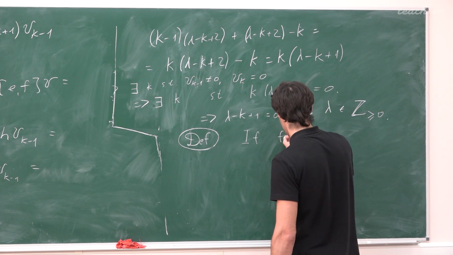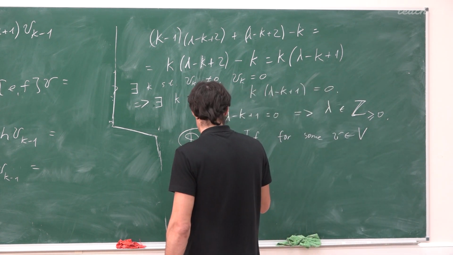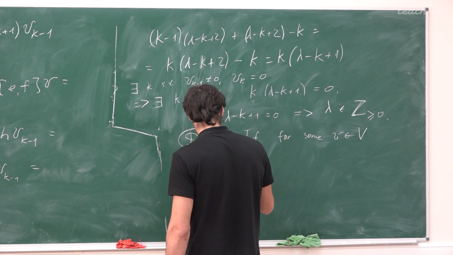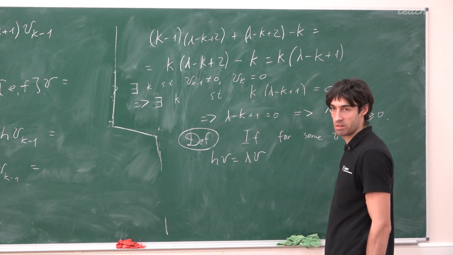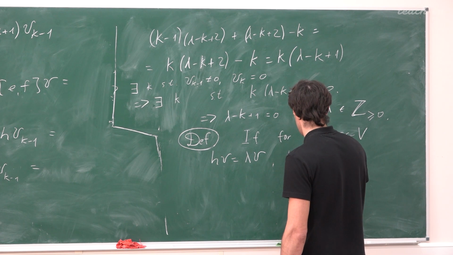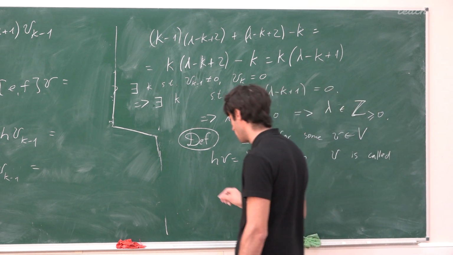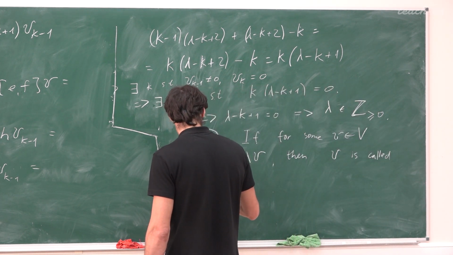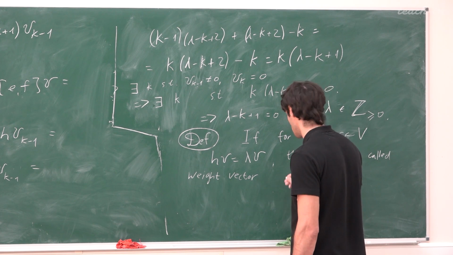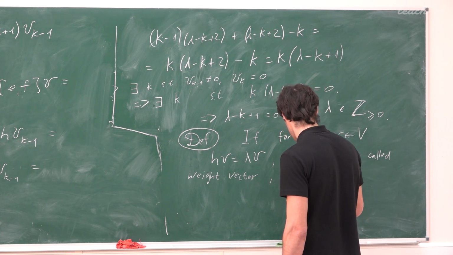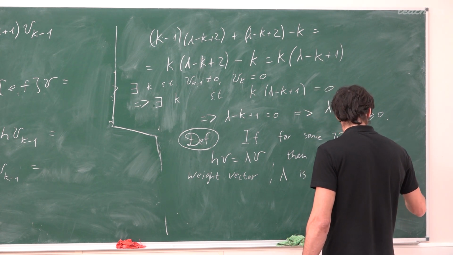If for some v from our representation, v is an eigenvector for h with eigenvalue lambda, then v is called a weight vector, and lambda is called the weight of v.